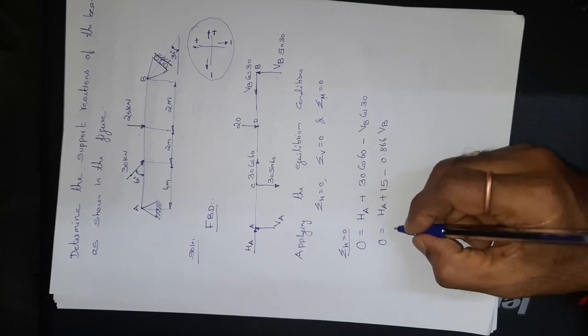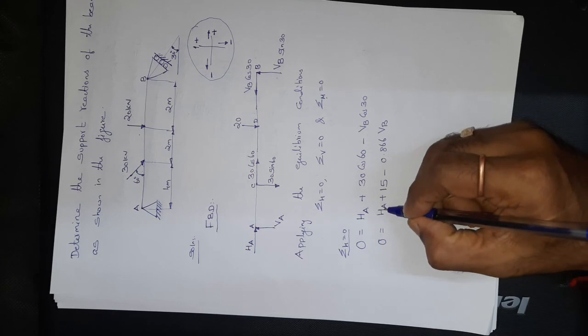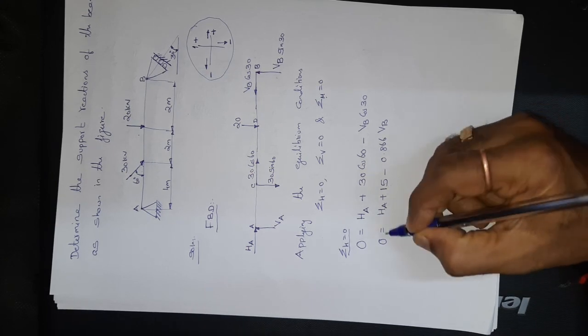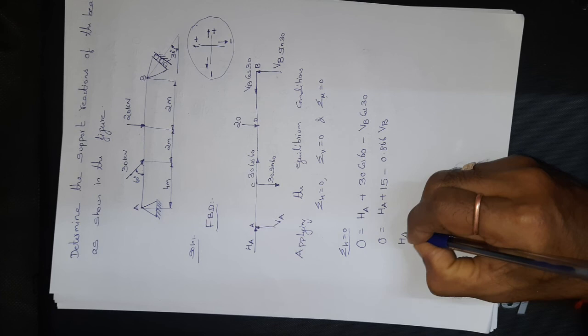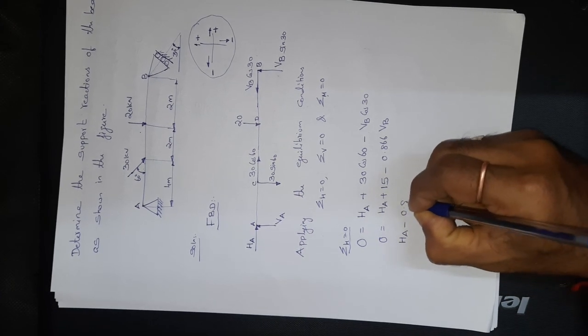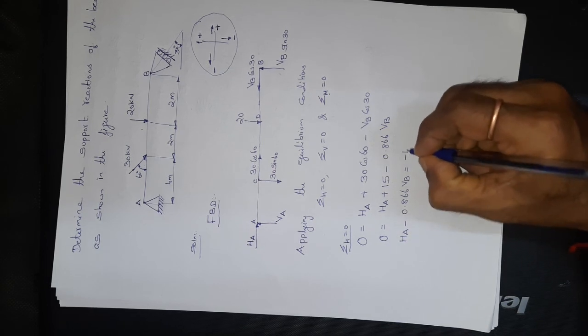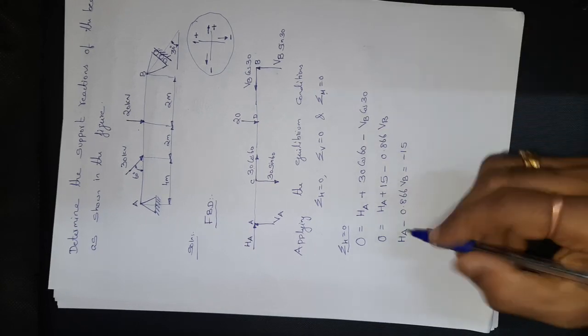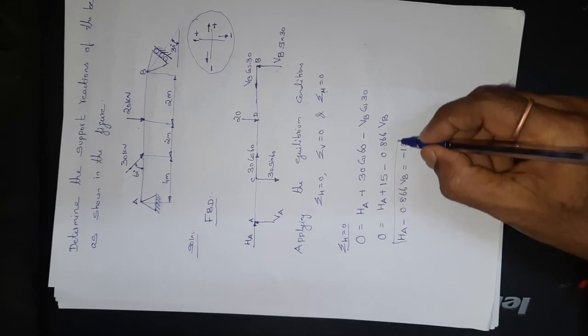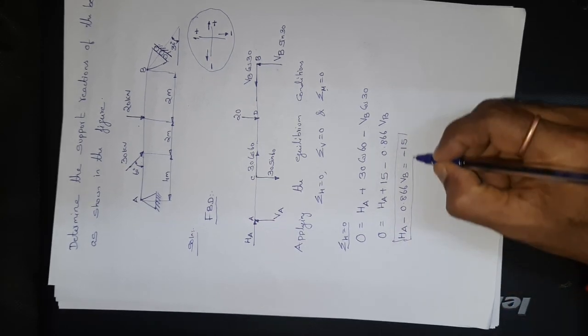Right. So let me take the 15 to the other side. So HA minus 0.866 VB equal to minus 15. Got it? So let me consider this as equation number 1.